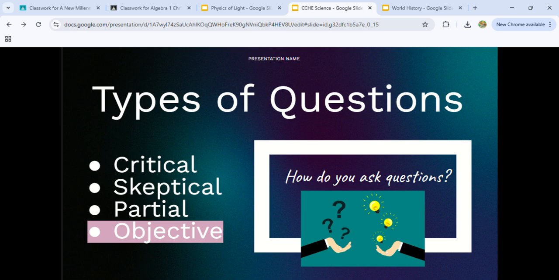If we question partially, we are prejudiced in our approach, leading us to partial blindness toward the answers. However, if we question objectively, we lessen the influence of our personal feelings and prejudices. We remove as best we can our personal biases. We should govern all of our questioning with this objective principle.